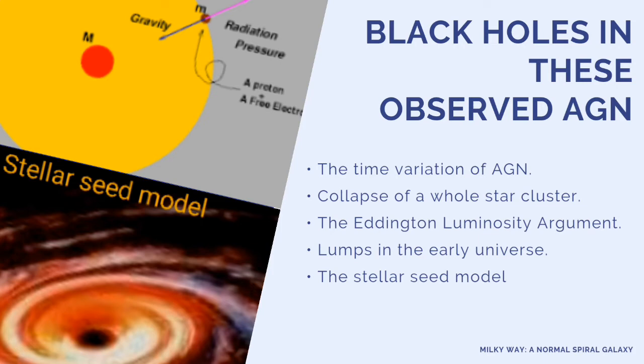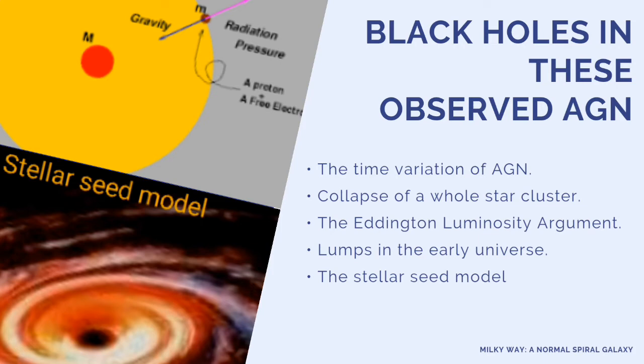An active galactic nucleus, AGN, is a compact region at the center of a galaxy that has a much higher than normal luminosity over at least some portions of the electromagnetic spectrum, with characteristics indicating that the luminosity is not produced by stars.